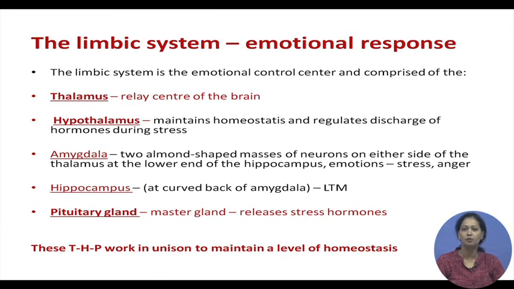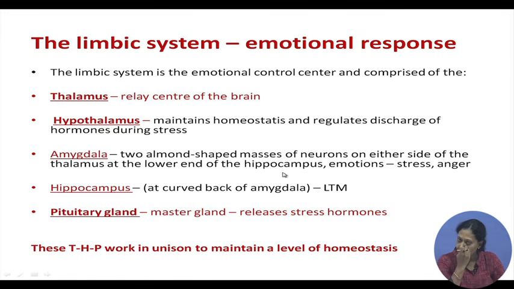We will study the role of the hypothalamus in stress in detail in the next section, but for now, we will see that the hypothalamus maintains homeostasis and regulates discharge of hormones during stress. The amygdala, which is two almond shaped structures on either side of the thalamus, at the lower end of the hippocampus, deals with emotions.